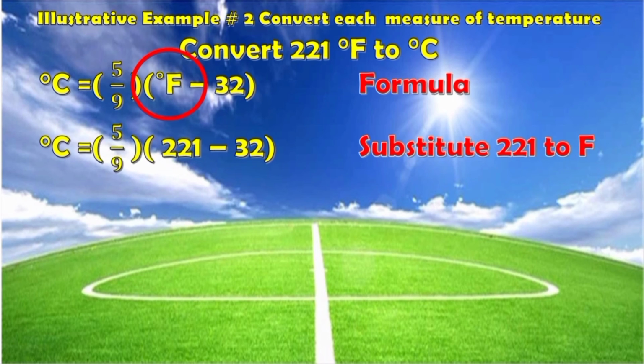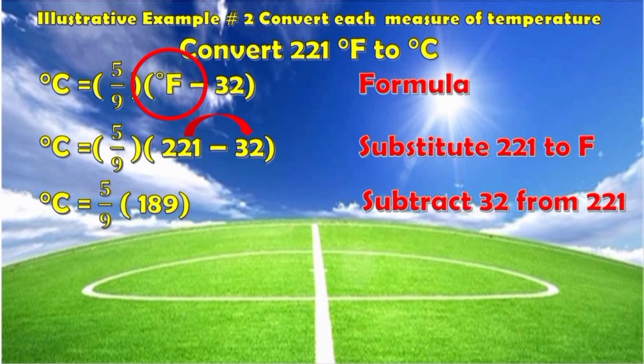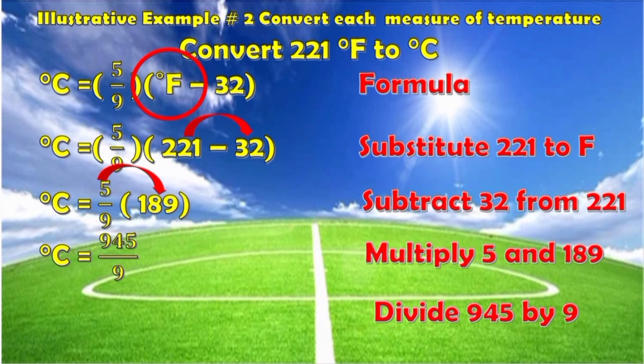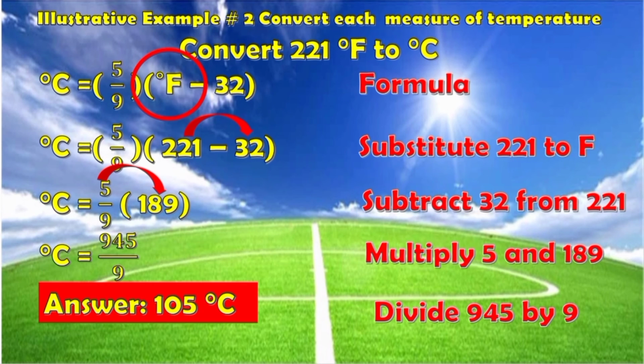Subtract 32 from 221. The answer is 189. Multiply 5 and 189. The answer is 945 over 9. Lastly, divide 945 by 9. Our answer is 105 degrees Celsius.